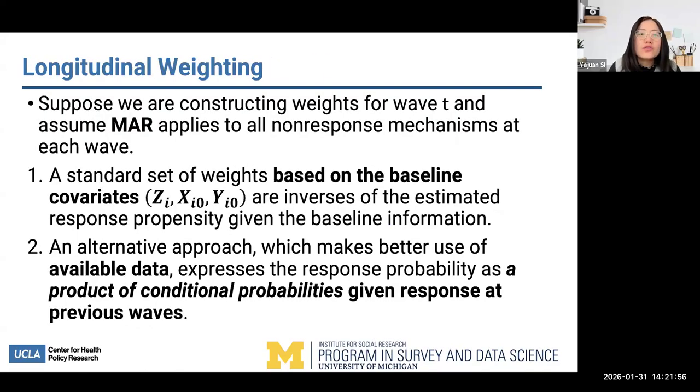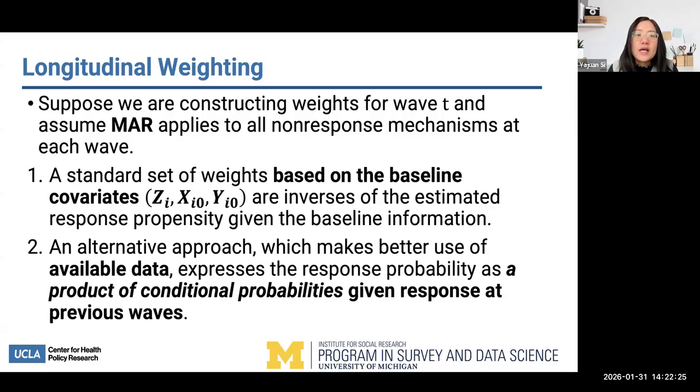When we construct weights in longitudinal studies, we typically make the missing at random assumption. So we assume MAR applies to all non-response mechanisms at each wave. This allows us to construct weights using the available or observed information.